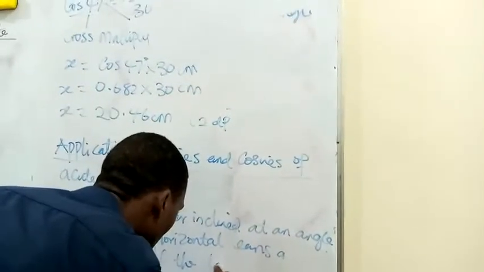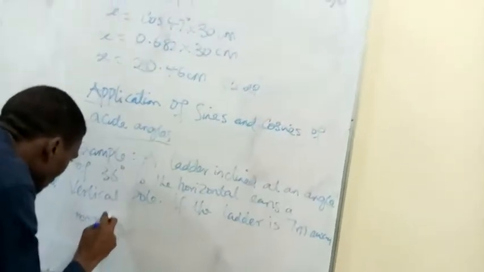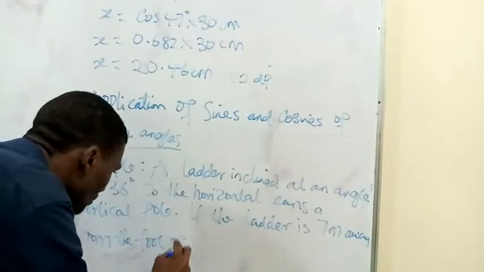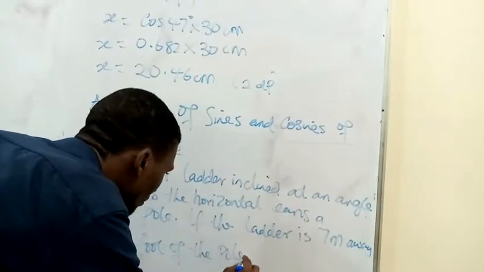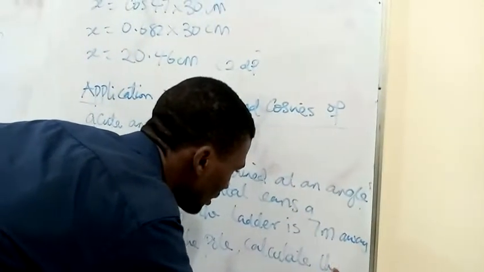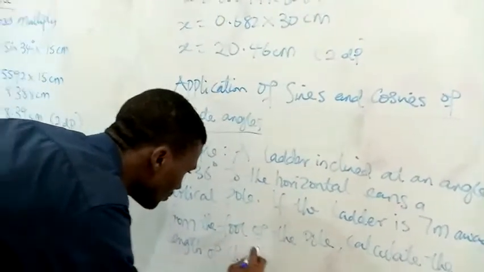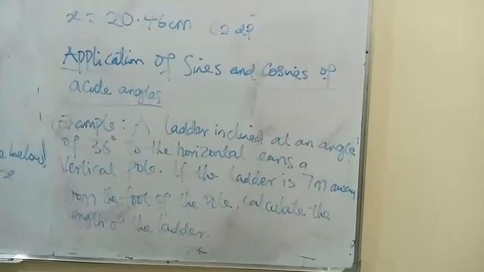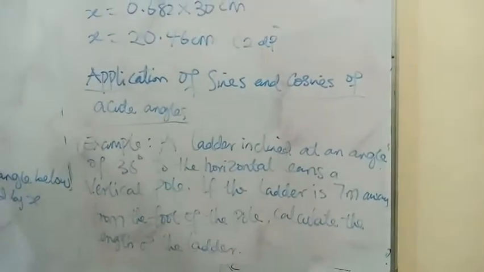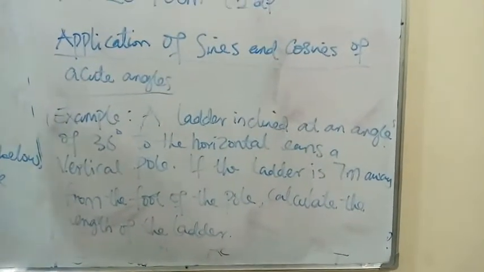If the ladder is 7 meters away from the foot of the pole, calculate the length of the ladder.